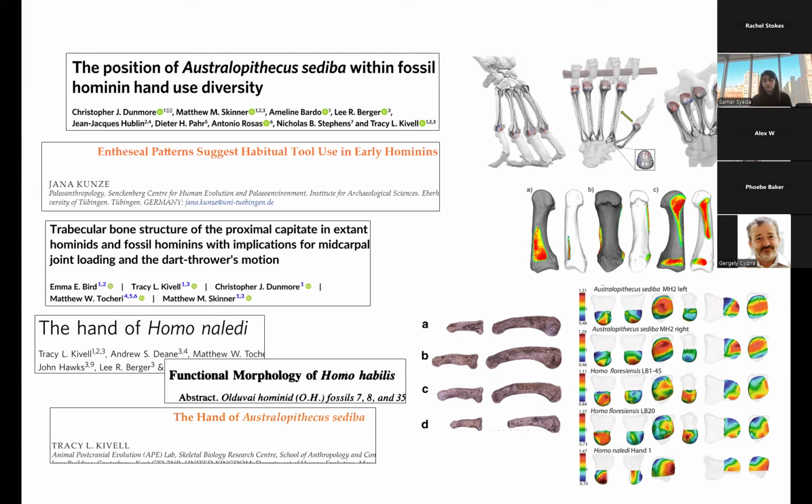People have looked at trabecular structure and muscle entheses, so muscle attachment sites, and it's been shown that generally the manipulation signal is held within the radial side of the hand, so essentially the thumb and maybe the second digit, the index finger, and the locomotor signal tends to be in all the other aspects of the hand.